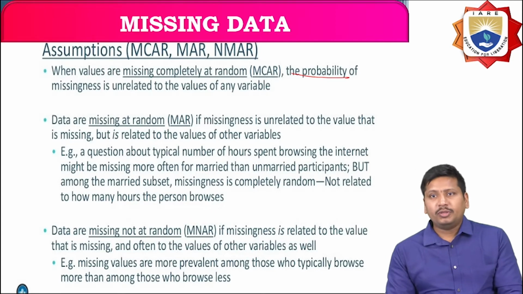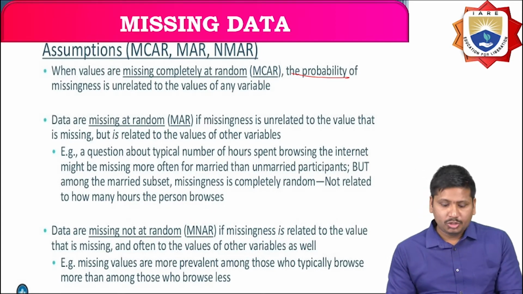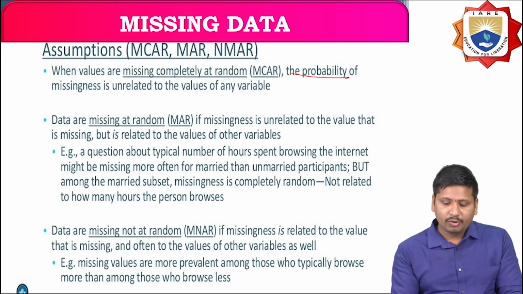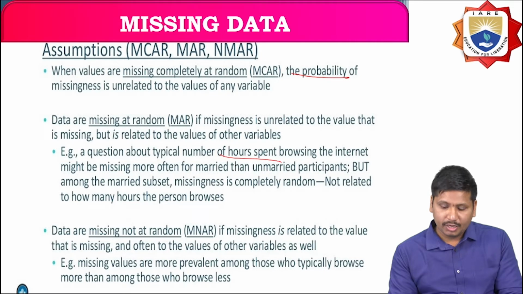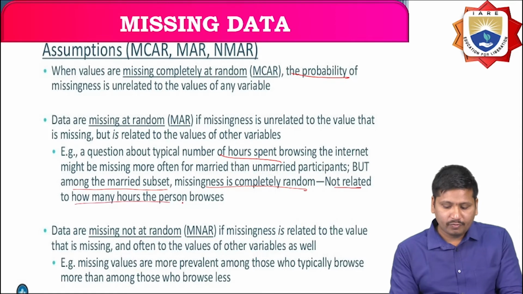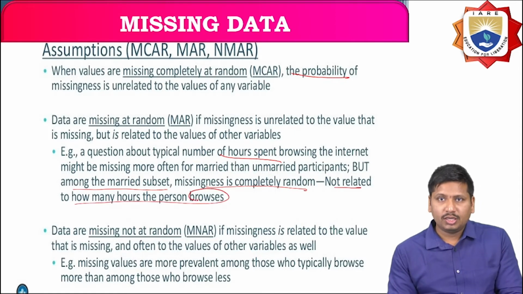For example, the question about the typical number of hours spent browsing the internet might be missing more often for married than unmarried participants. But among the married subset, the missingness is completely random, not related to how many hours the person browses. This is the example of data missing at random.